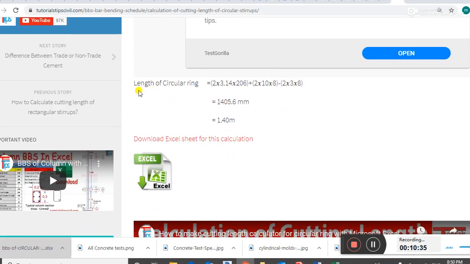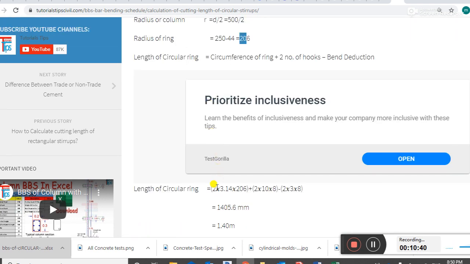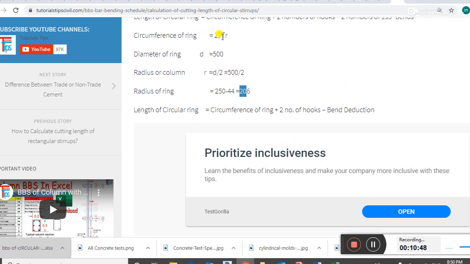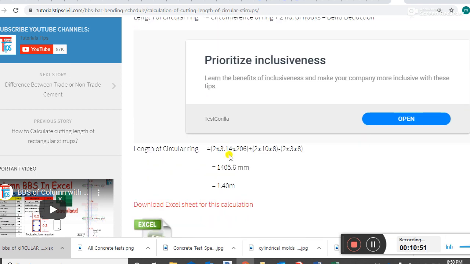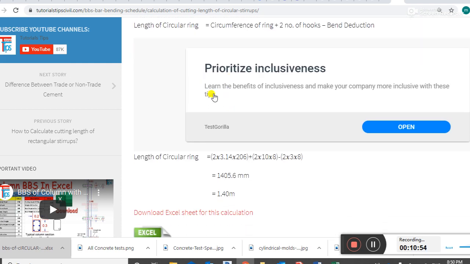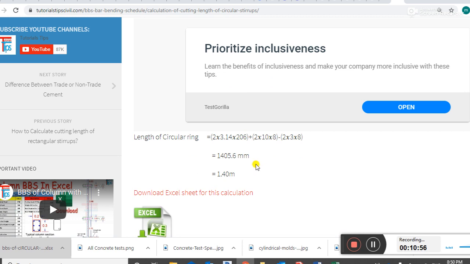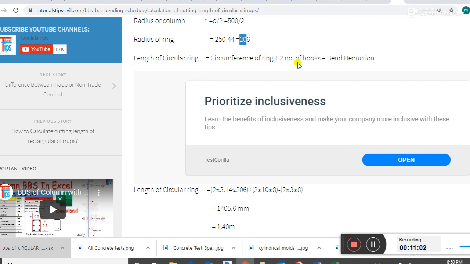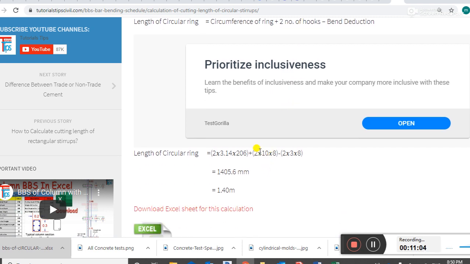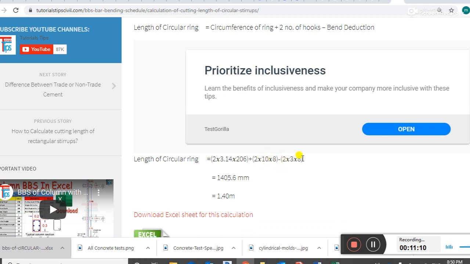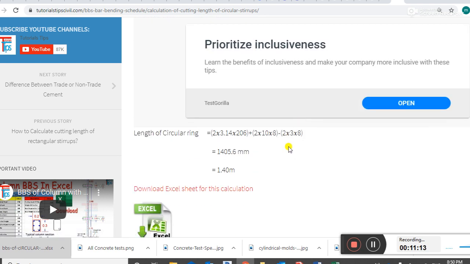After deduction, the length of the circular ring equals 2 pi r, where 2 is a constant, pi is 3.14, and r is 206, plus 2 times number of hooks, 2 into 10 into 8, minus 2 times bend deduction.